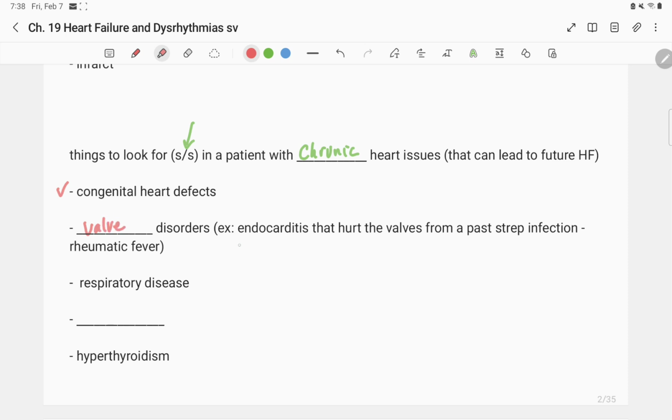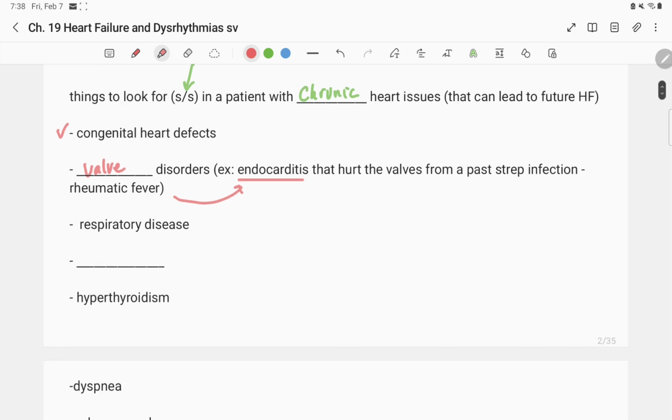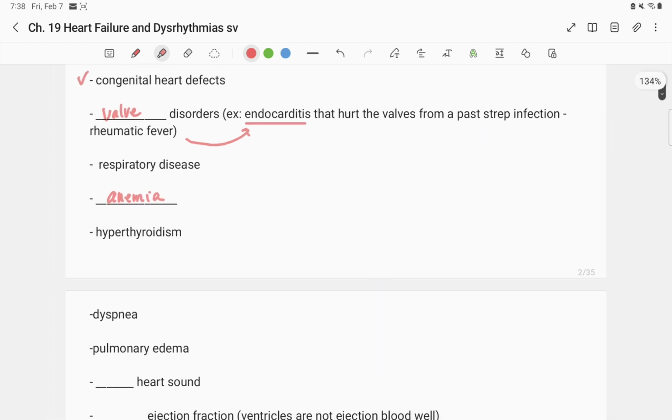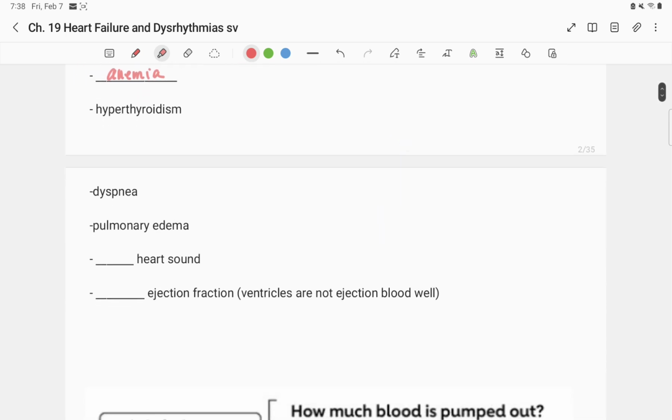So for example, endocarditis that hurts the valves, and rheumatic fever can cause endocarditis. Respiratory disease, anemia, hyperthyroidism, dyspnea, pulmonary edema, and S3 heart sound.